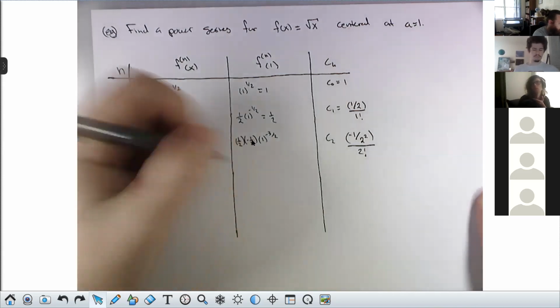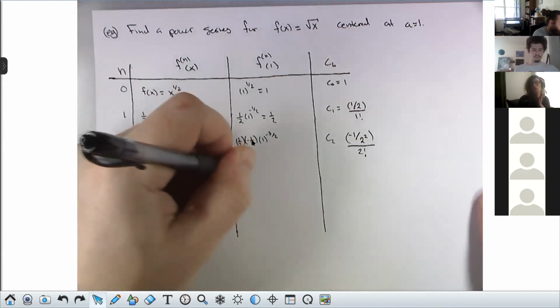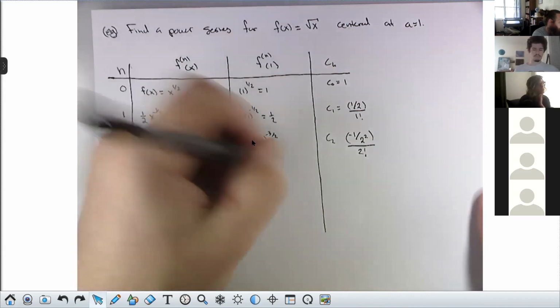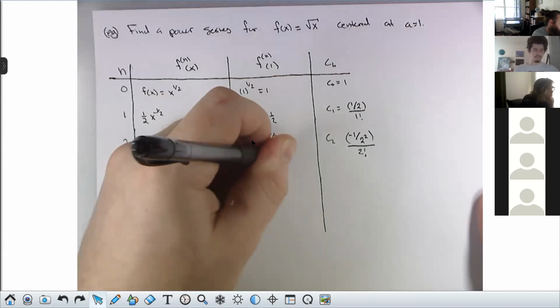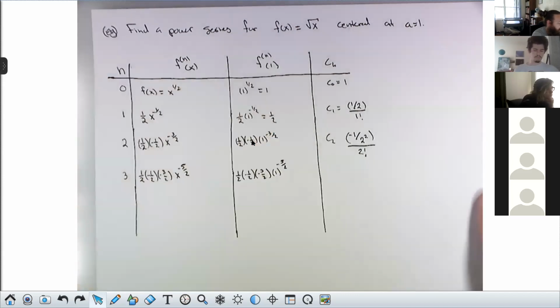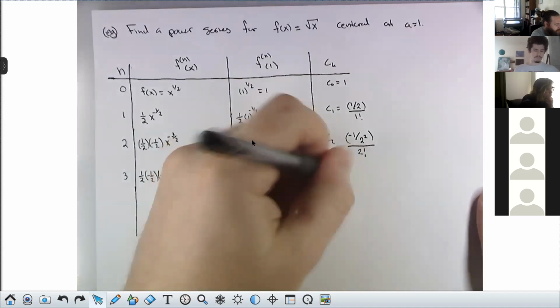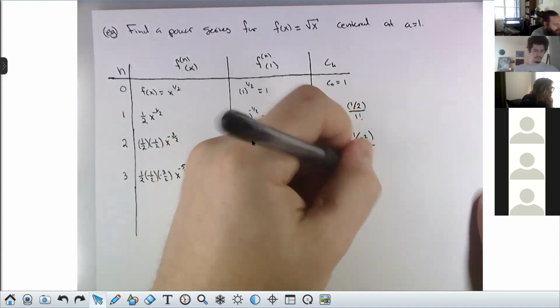Plugging in 1 here, we got 1/2 times -1/2 times -3/2 times 1 to the -5/2 power. So C3, I'm going to need some more space here.